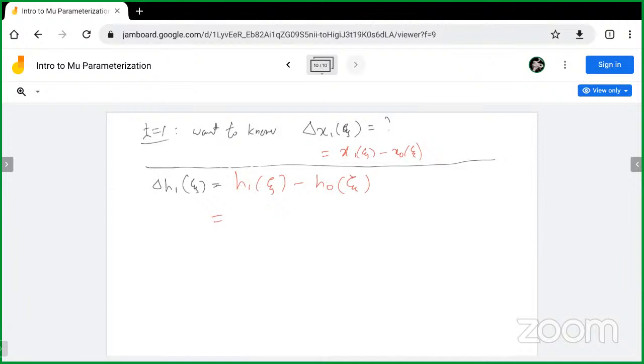U t plus 1 minus U t is minus chi t n to the minus a u, and V t plus 1 minus V t is minus a v.